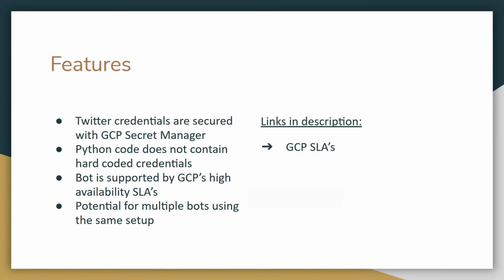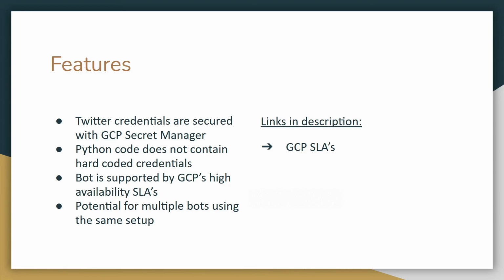The bot is supported by GCP's high availability SLAs, which ensures that it's always going to work, at least for 95% of the time. And lastly, because of the format of this code, you can deploy multiple bots to do multiple different things with the same credentials, which allows you to have perhaps an army of bots doing different things at different times. I've linked in the description Google Cloud Platform's service level agreements so you can see their availability guarantees for yourself.